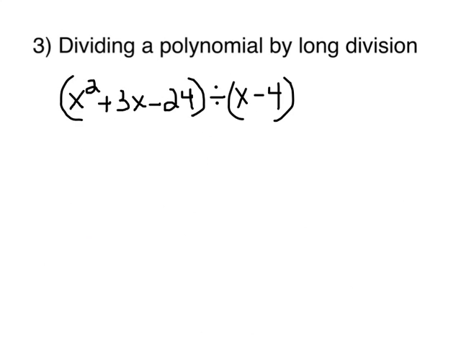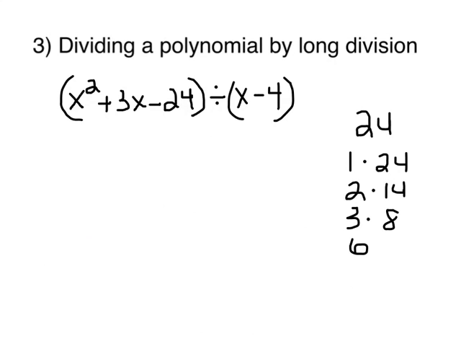In our next example, we have x squared plus 3x minus 24 divided by x minus 4. However, in this example, our trinomial is not factorable. When we look at the factors of 24 that subtract to 3, there are none. The factors of 24 are 1 and 24, 2 and 12, 3 and 8, 6 and 4.